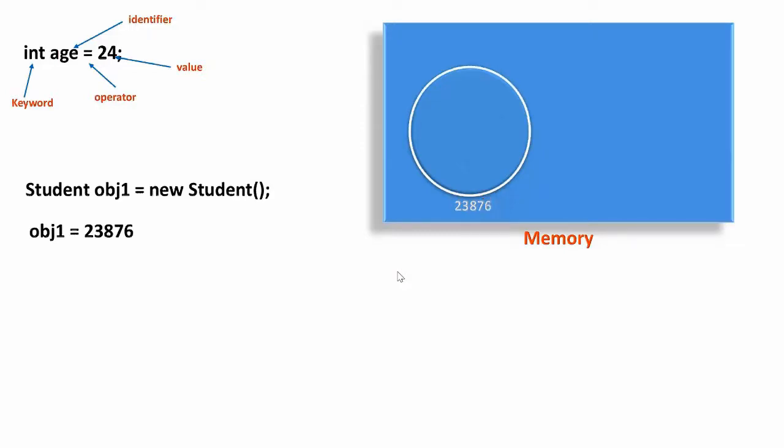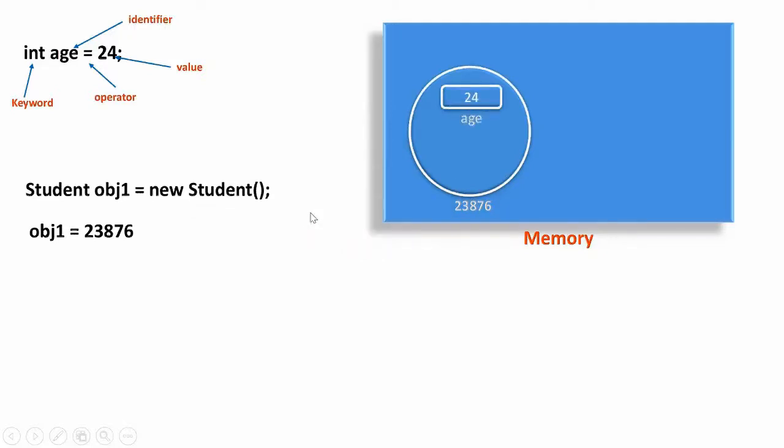obj1 is a variable of non-primitive data type or a reference type, or we can say a variable of student type. So in this case obj1 stores the reference of that object, that is the address where this object is located.